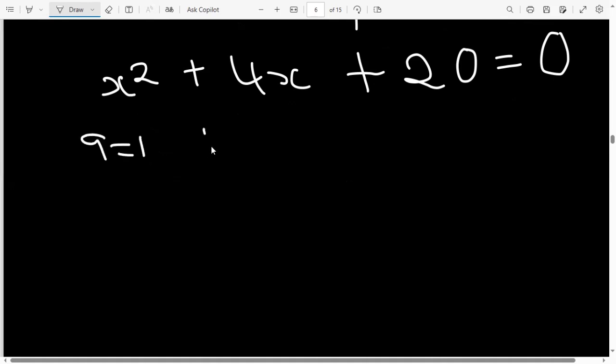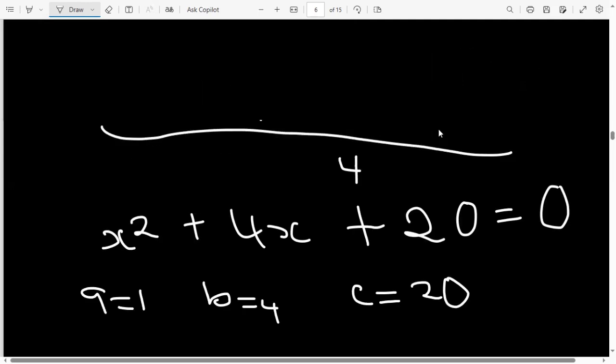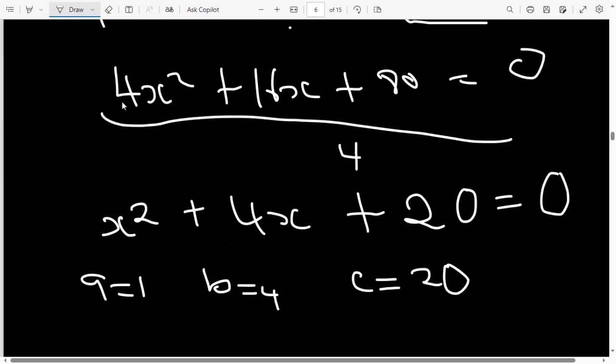You say a is 1, b is 4, and c is 20. Or maybe we shouldn't have reduced this. So what is 4 multiplied by 8? 32.